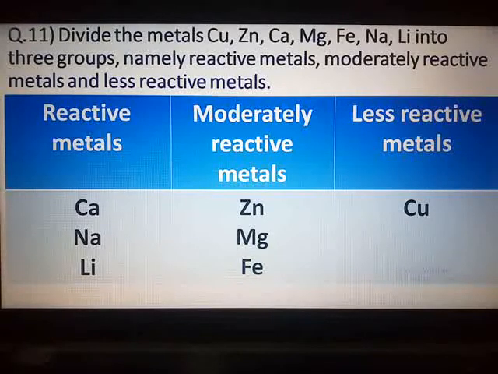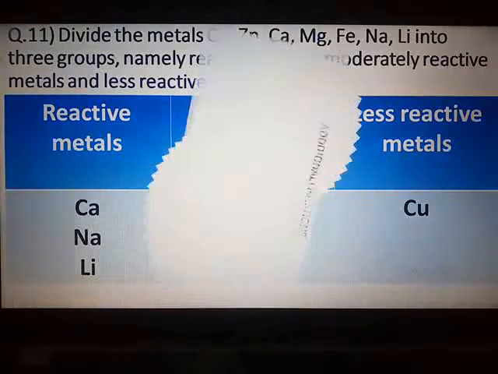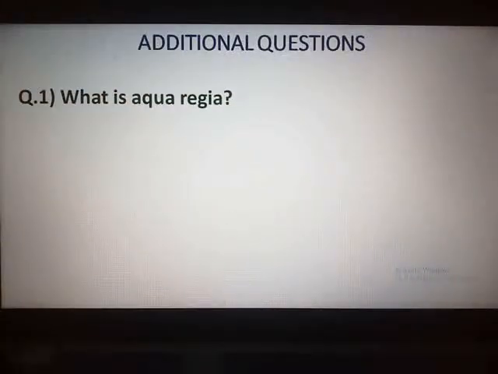Now hardly 2 additional questions are there, so we will just complete that part. First additional question is: what is aqua regia? It can be asked as a HOTS question. In your textbook on page number 96 you have the answer in the green colored block. Write that block point-wise.